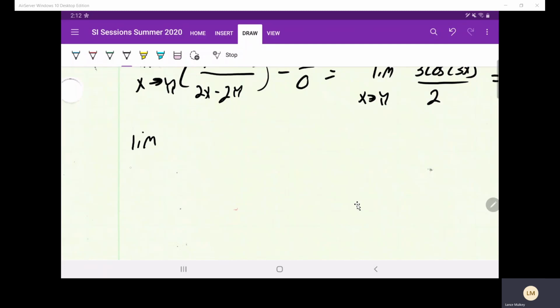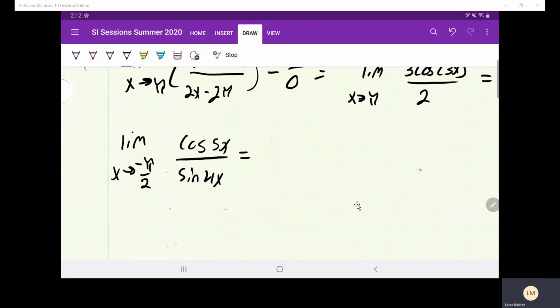Limit as x approaches negative pi over 2 of cosine of 5x over sine 4x. That equals 0 over 0, because that'll be negative 2 pi, which is still 0.